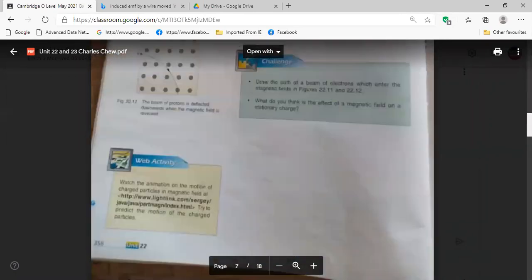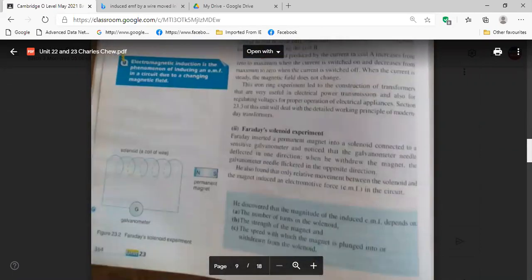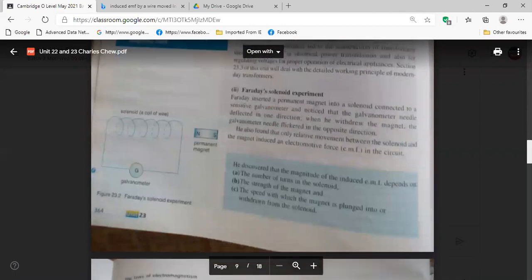You have this book, right? Yes, sir. Now you will write Faraday's law of induction.